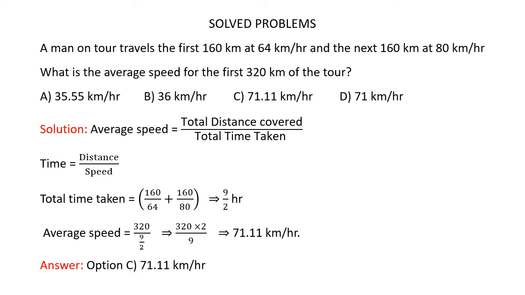So let's substitute these values in the formula here. So now we get average speed is equal to 320 divided by 9 by 2. On solving this, we get average speed is equal to 71.11 kilometers per hour. So the correct answer is option C, 71.11 kilometers per hour.